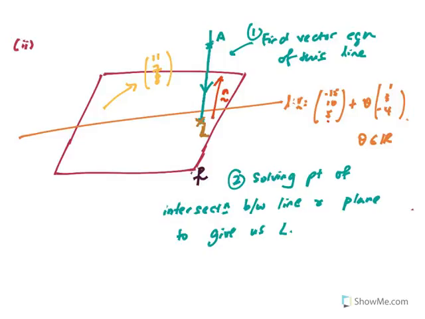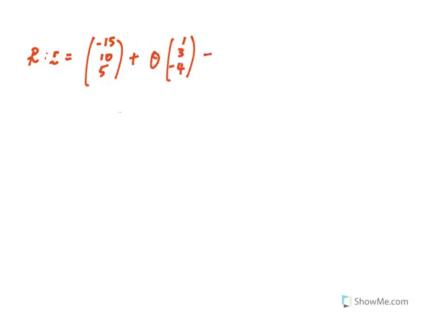So quickly, how do we find the normal vector of the plane? Let's go back to our question. We know that we have P. Let's write the equation of the plane in parametric form. It contains the line L, and this is the position vector of the plane. It contains this direction vector, and it's also parallel to 11, 7, 8, so our vector equation of the plane in parametric form can be written in this way.